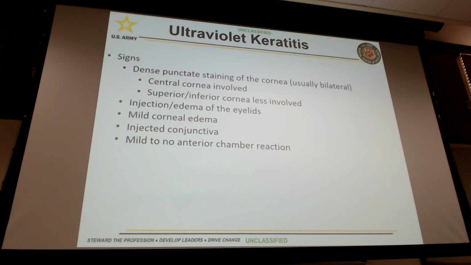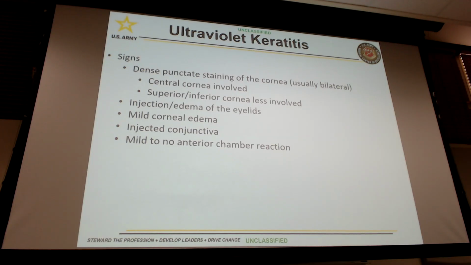And you'll see staining on these patients. They'll usually tell you what happened though. Pretty easy to tell what's wrong with the eye. I was looking at the eclipse and I wasn't wearing protection, or I was skiing, or I was welding and I didn't wear my eye protection. So they'll know something's wrong, and then you'll see signs on the cornea.